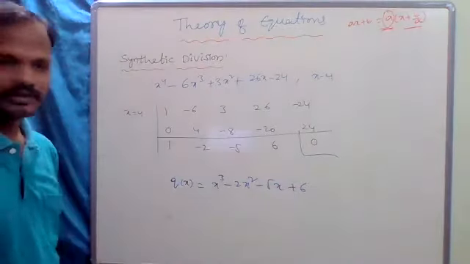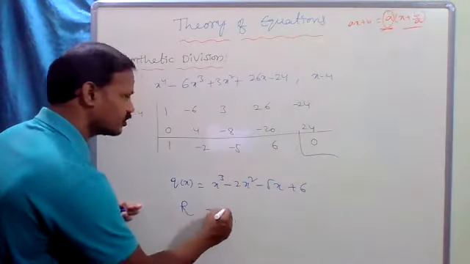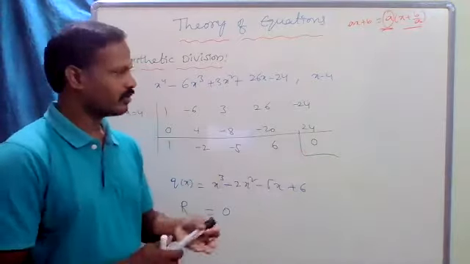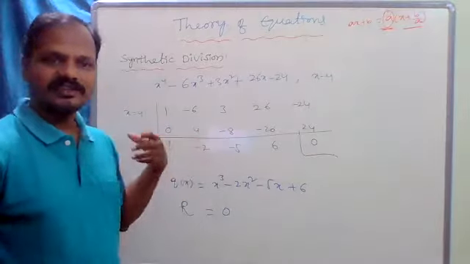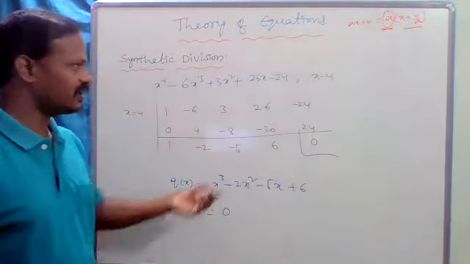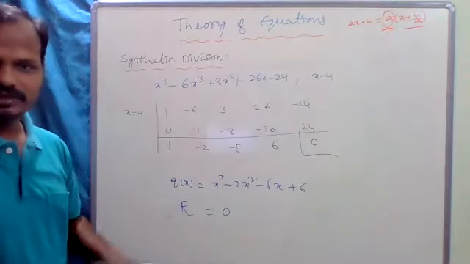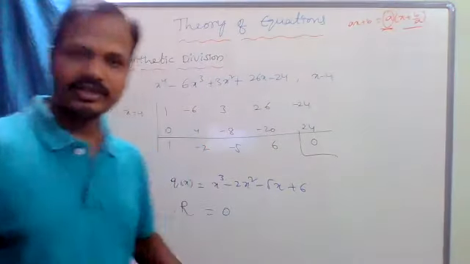So this is the quotient. Now what is the remainder? The remainder is 0. Now, since the remainder is 0, what is the meaning of this? This x minus 4 is a factor of this polynomial because it divides exactly. Is it clear to everybody?